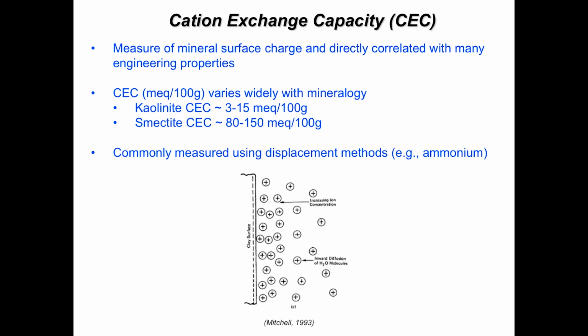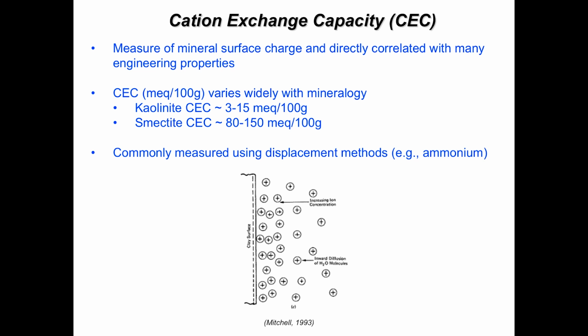CEC also varies widely with mineralogy, maybe between 3 and 15 milliequivalents per 100 grams for something like kaolinite, much higher for smectite. Commonly, this is measured using displacement methods where we'll displace the natural cation exchange complex with an index species and then measure essentially what was kicked out of that natural complex.